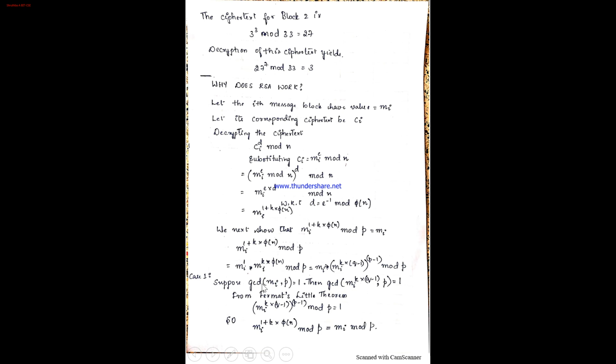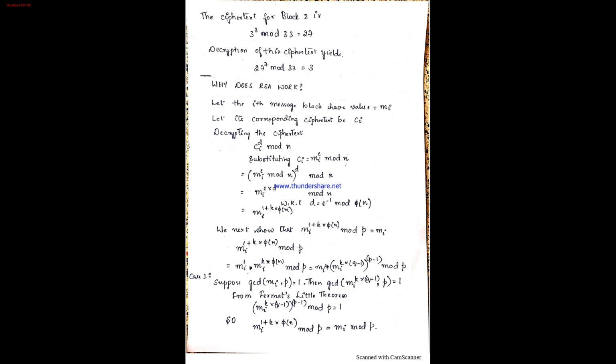So 1, in a sense, is nothing but GCD of mi comma p, which is equal to mi mod p. Okay, so these two are equal. This means mi raised to 1 plus k into phi of n mod p is equal to mi mod p.